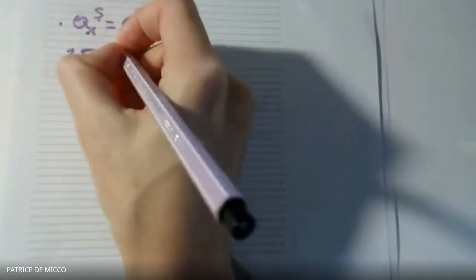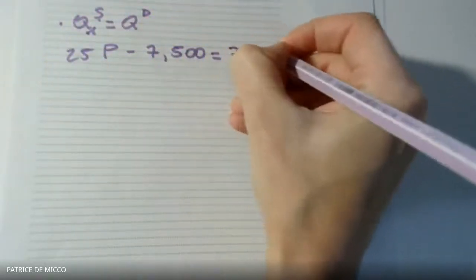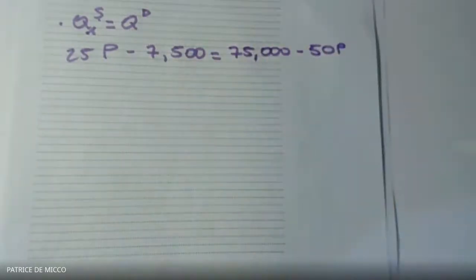So we get 25P minus 7,500 equal to 75,000 minus 50P. And now we can finally find the efficient price.